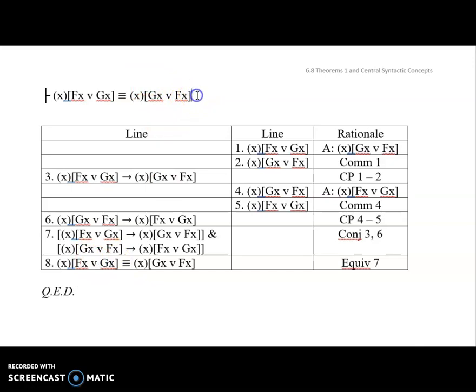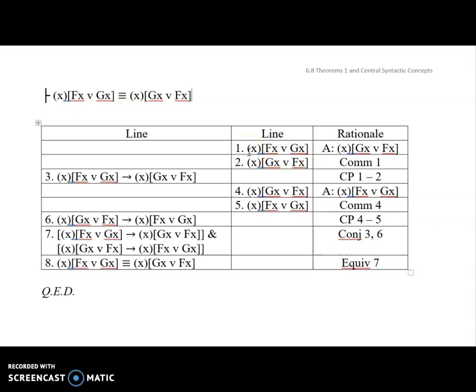So I've proven not only that this is a theorem, but by definition I've proven that this sentence is logically equivalent to this sentence, because by definition they're syntactically logically equivalent if and only if their corresponding biconditional, which is what we have here, is in fact a theorem. And as we can see here, it is.